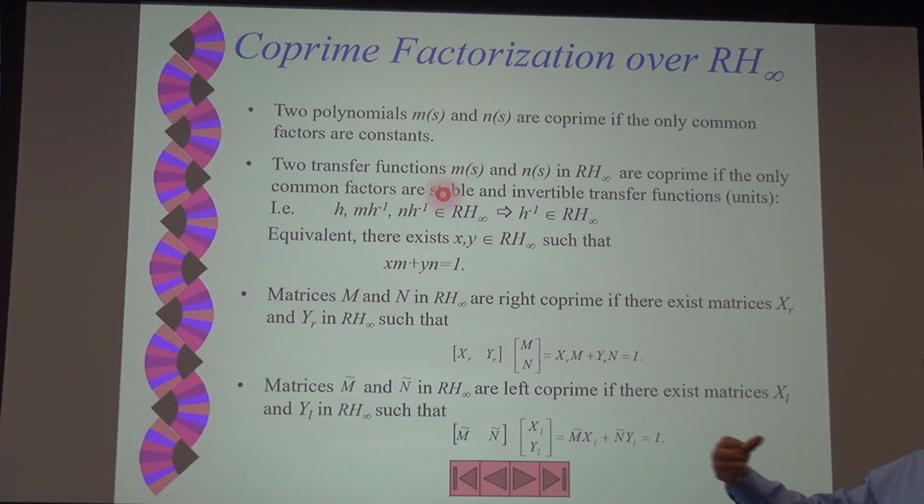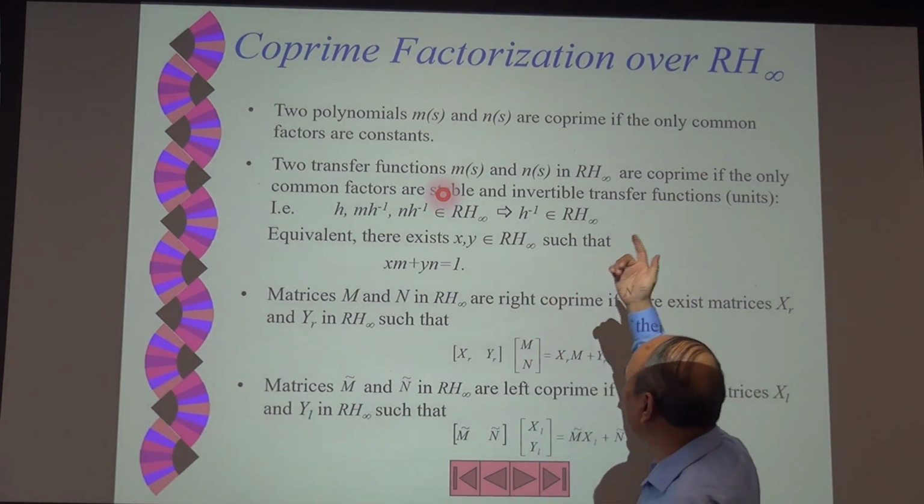Then we ask whether these two transfer functions are coprime. The definition is that they are coprime if and only if the only common factors are stable, invertible transfer function units.